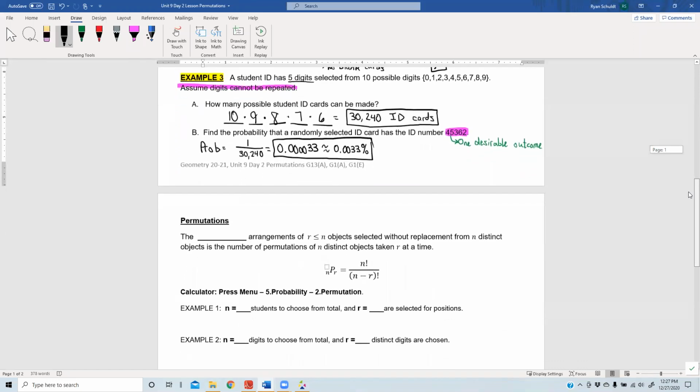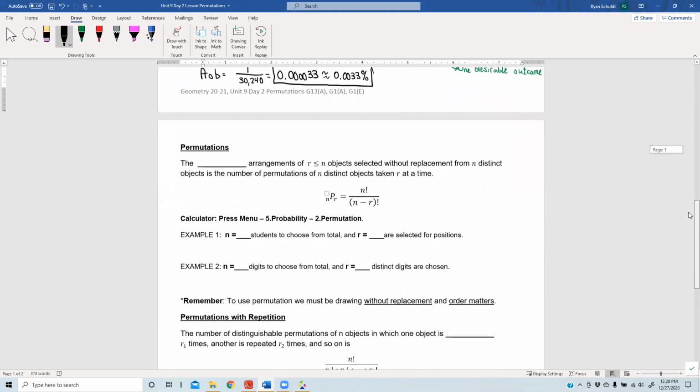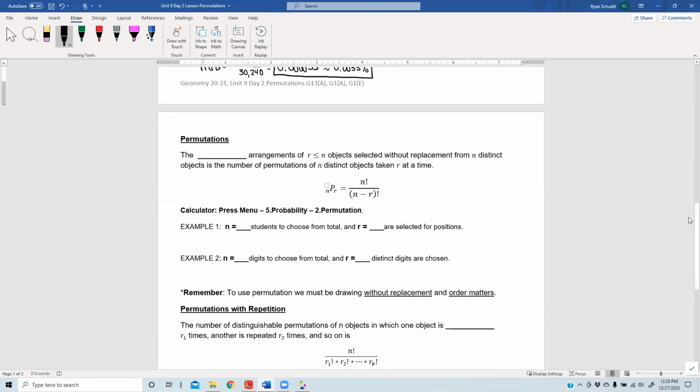Okay, there's that example. Now let's actually talk about permutations. We just spent most of the time looking at factorials and kind of setting a stage for permutations that we're going to look at on the back.